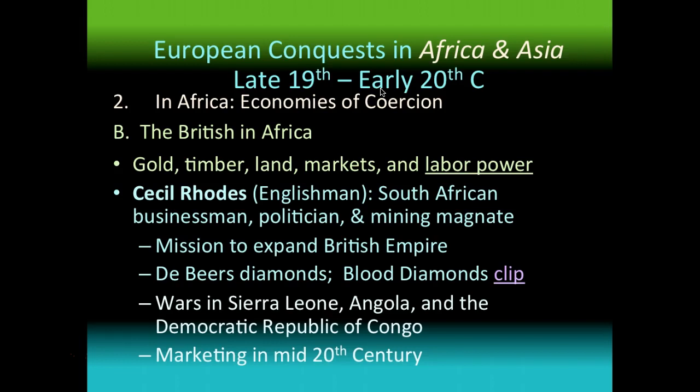He was an Englishman. He was also a South African businessman and a politician and a mining magnate for diamonds. His mission was to expand the British Empire. He really wanted the British Empire to be covering the entire world.